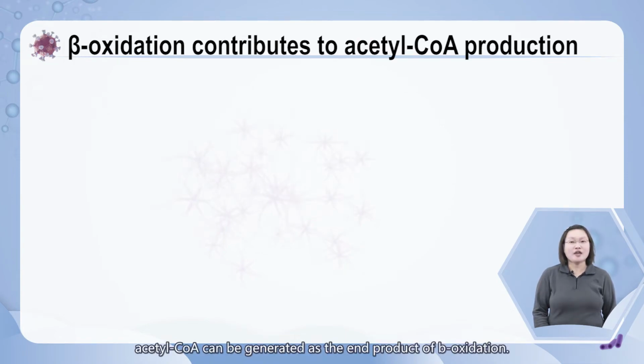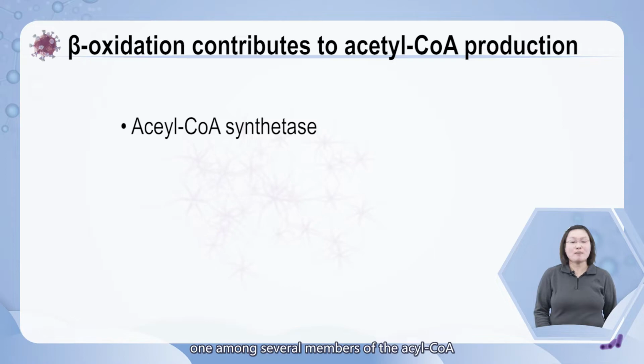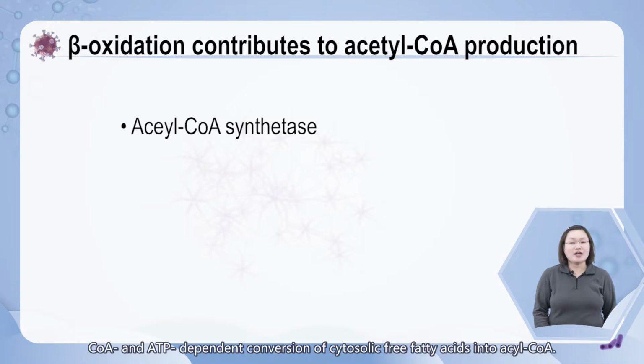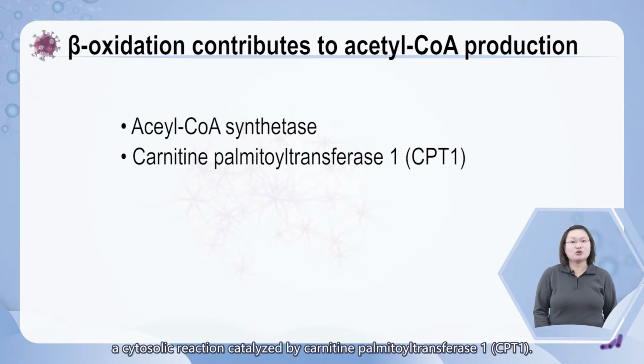Alternatively, acetyl CoA can be generated as a product of beta oxidation. In this case, one among several members of the acyl-CoA synthase protein family catalyzes the CoA and ATP-dependent conversion of cytosolic free fatty acid into acyl CoA. Acyl CoA is then condensed with L-carnitine to form acylcarnitine and free CoA, a cytosolic reaction catalyzed by carnitine palmitoyltransferase 1 (CPT1).